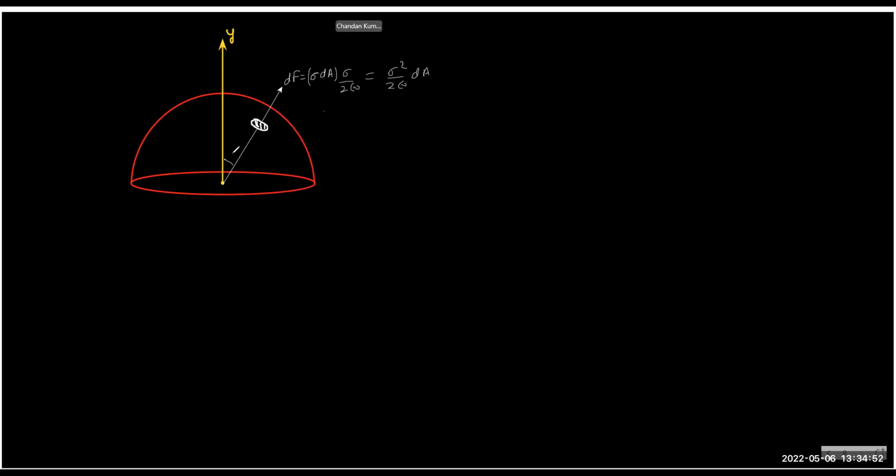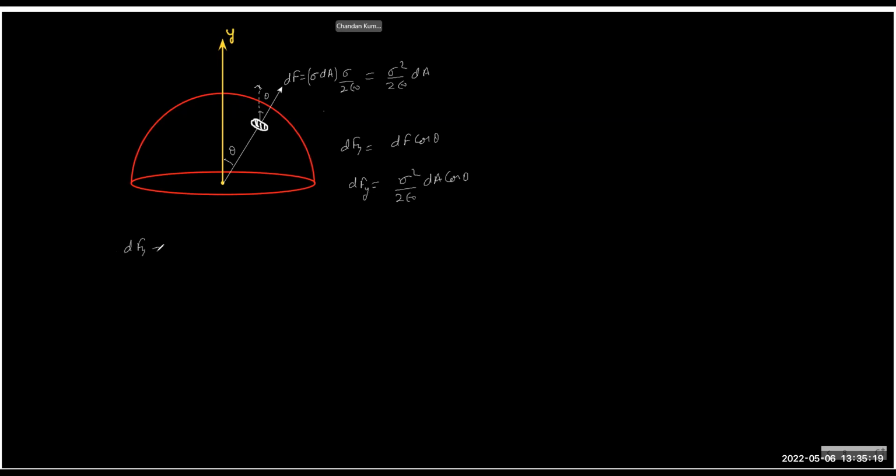If I take the angle as theta, the y component of course will be cos theta. So you can say dFy is simply dF cos theta. If you look carefully, this is sigma square by 2 epsilon naught into dA cos theta.